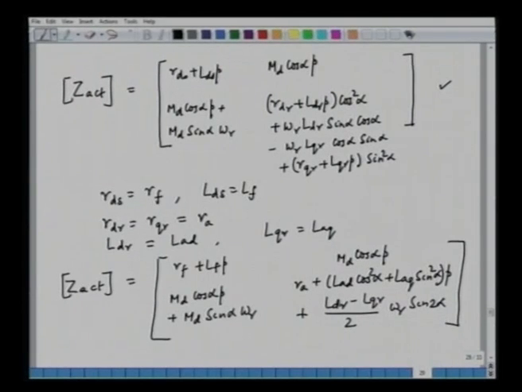So, this is the equation of the Z actual. It means the actual impedance matrix of this machine has been found out by using the linear transformation.